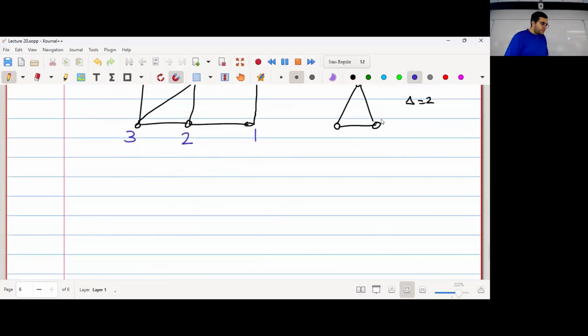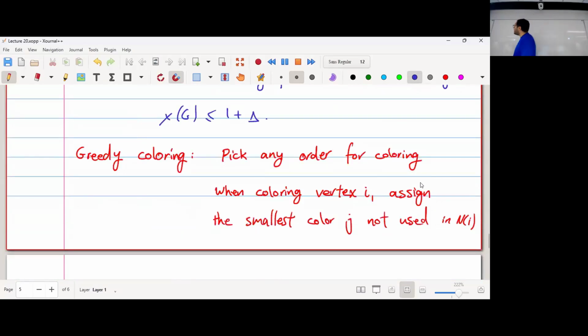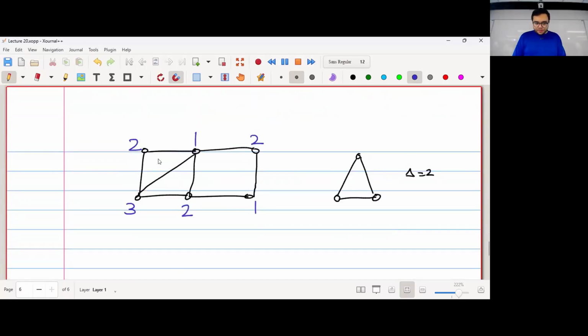And the first idea that comes to mind here is to say, okay, instead of looking at the maximum degree, let's look at all of the degrees, right? And instead of just saying, I want to pick any order for coloring, let's maybe find a better order for coloring my vertices. Okay.